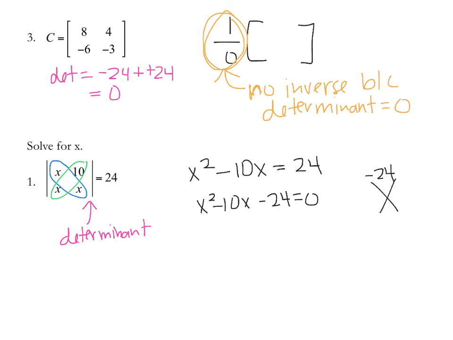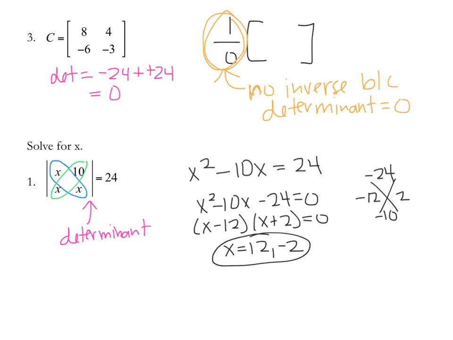We're looking for factors of negative 24 that make negative 10. And that should be negative 12 and 2. So then it's x minus 12 times x plus 2 equals 0. You get x equals 12 or negative 2. And we will keep both answers because both answers really would work if you plugged it back in. They both give you an answer of 24 if you were to find the determinant.